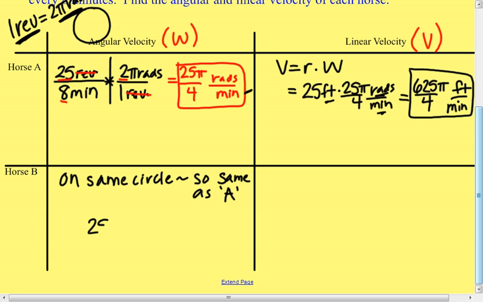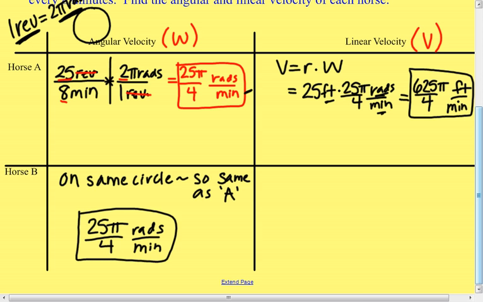Because it's the same as horse A, it is still going to rotate at 25 pi over 4. And again, I want these units in radians because that's what you need to be able to use them in other parts of the formula. 25 pi over 4 radians per minute. Then when you get to horse B, again, you will use R times W for the linear speed. The thing is that your radius is no longer 25 feet.